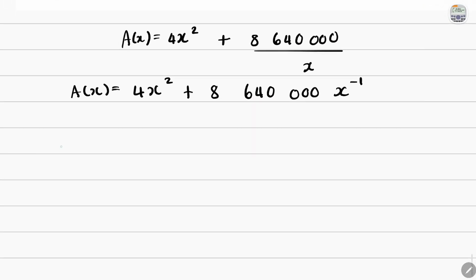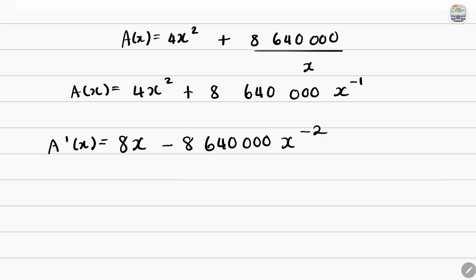And now we're ready to derive. So A prime of x is equal to 4 times 2 is 8, so x raised to the power of 2 minus 1 is 1, and you don't have to rewrite that. Coefficient times exponent, that is -8,640,000, and then x raised to the power of exponent minus 1 is -2.